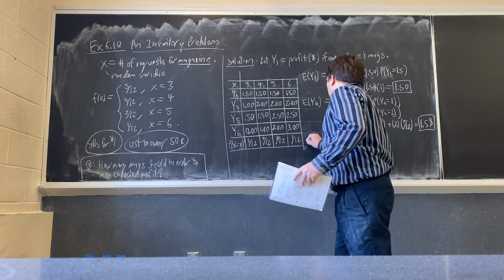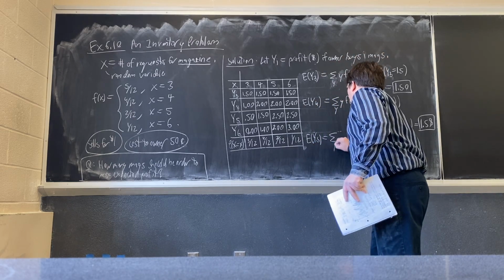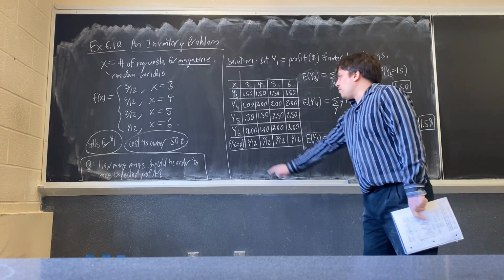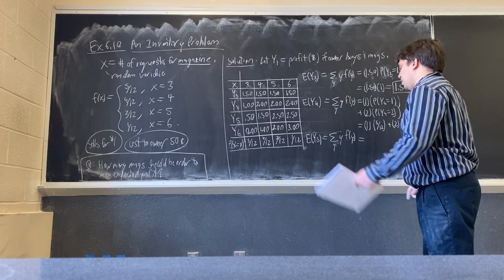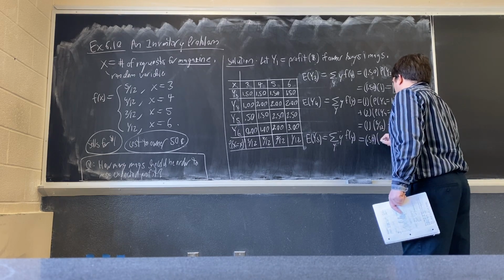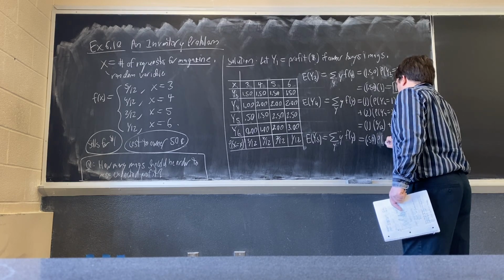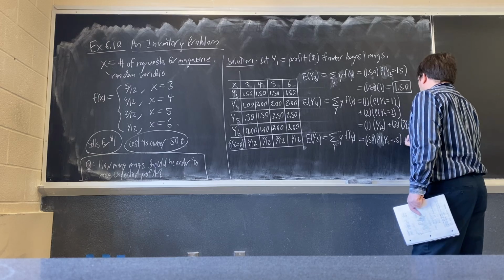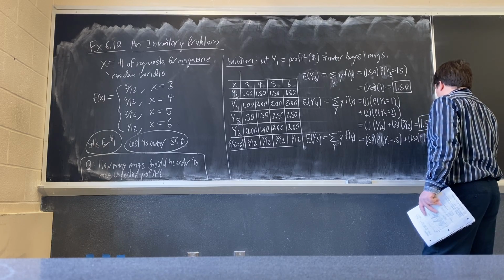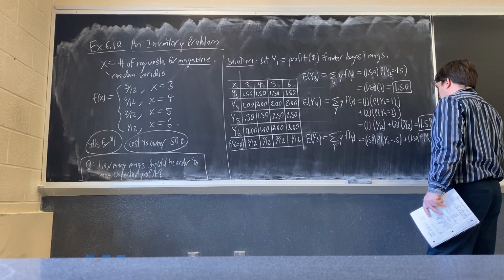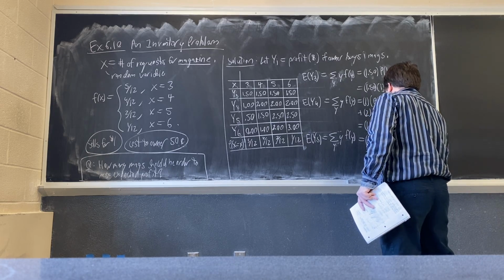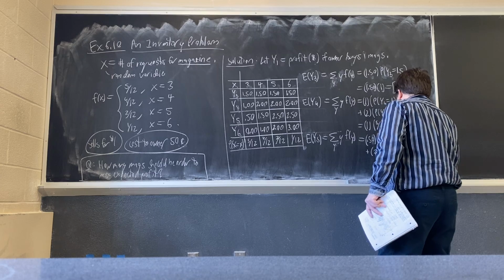Okay? Now E of y sub 5 is equal to the sum over the possible values of y sub 5 of those values times the probability of getting those values. The possible values for y sub 5 are 50 cents, $1.50, and $2.50. So it's 50 cents times the probability that y sub 5 equals 0.5, plus 1.5 times the probability of y sub 5 equaling 1.5, plus 2.5 times the probability that y sub 5 is equal to 2.5.